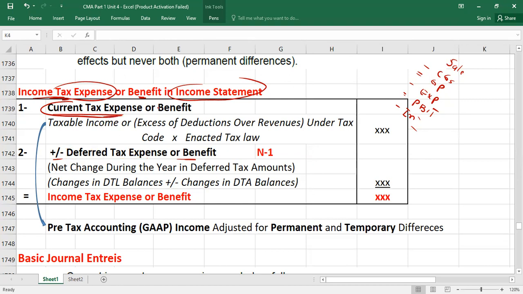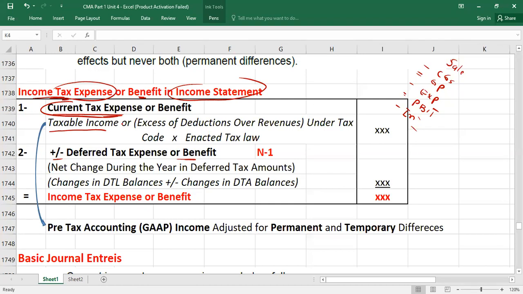How is the current year tax expense calculated? First of all, for current year tax expense, we always take taxable income. Actually, this taxable income is not the straightaway income which you take from the income statement. No, this is the taxable income.